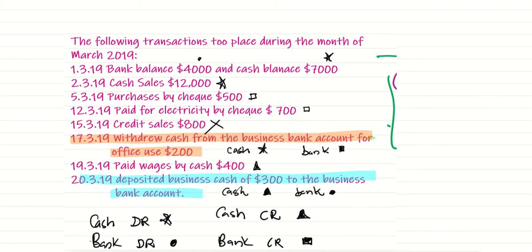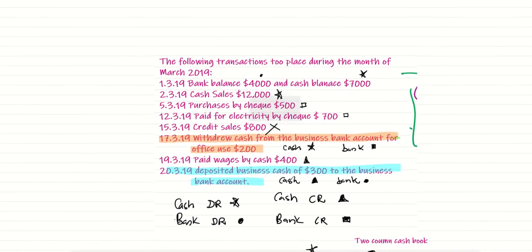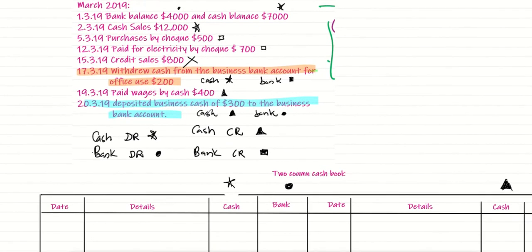Now let's see how we are going to show the impact in a two-column cash book. So let's prepare the first one, which is entering the bank balance and the cash balance. Both of them appear on the debit side. You can see the circle and the star.